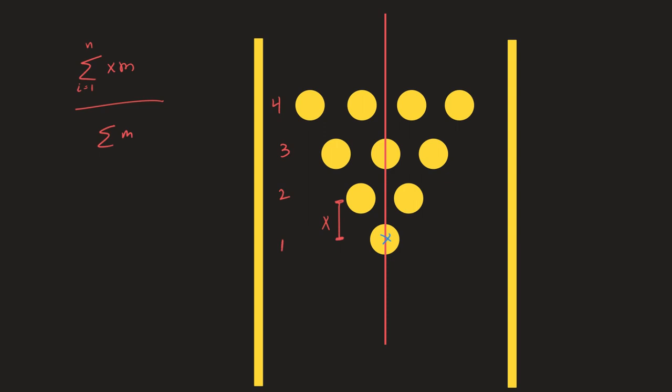Based on using this function, m is just going to be m for 1 pin, and it's a distance 0 away from the reference point. That's the first pin. The second row, mass of 2m, because there are 2 pins, a distance x away from the reference point.